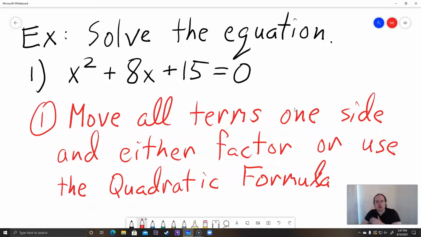Here all the terms are already on the left side, so we don't have to worry about that. All we have to do is either factor or use the quadratic formula.